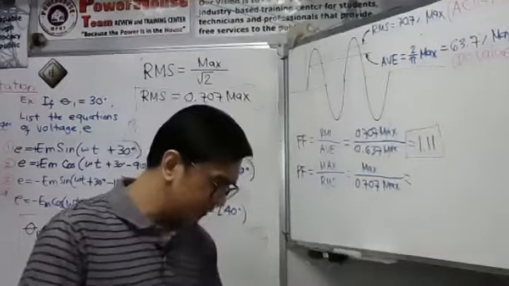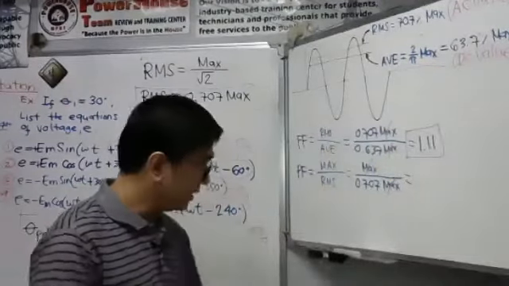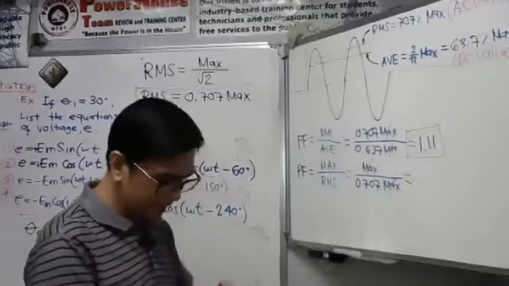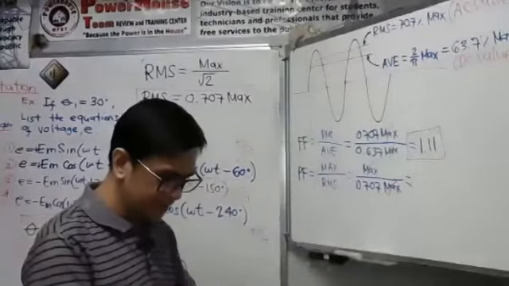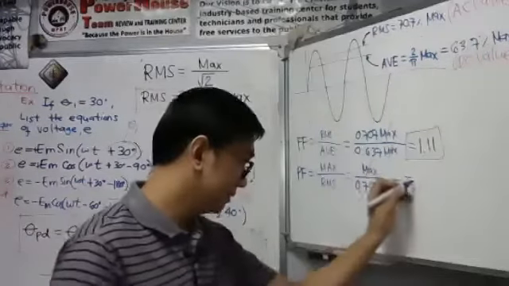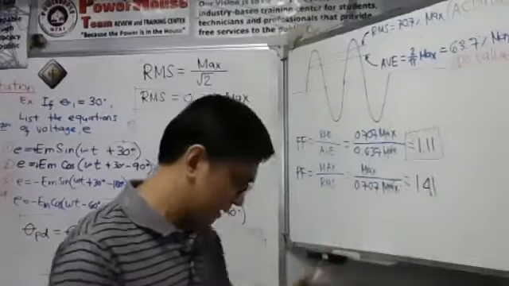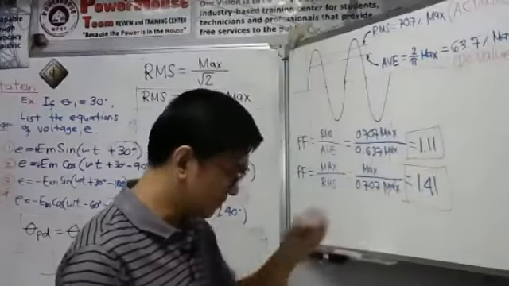The maximum will cancel out by algebra. So we have 1 divided by 0.707, which becomes around 1.41. That is the peak factor of a sine wave.